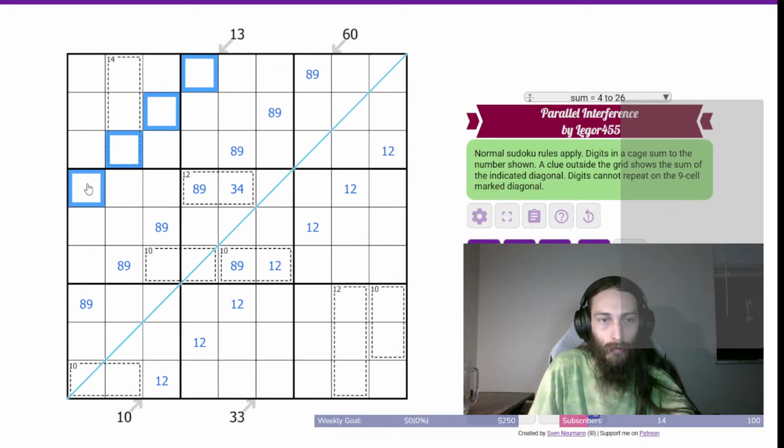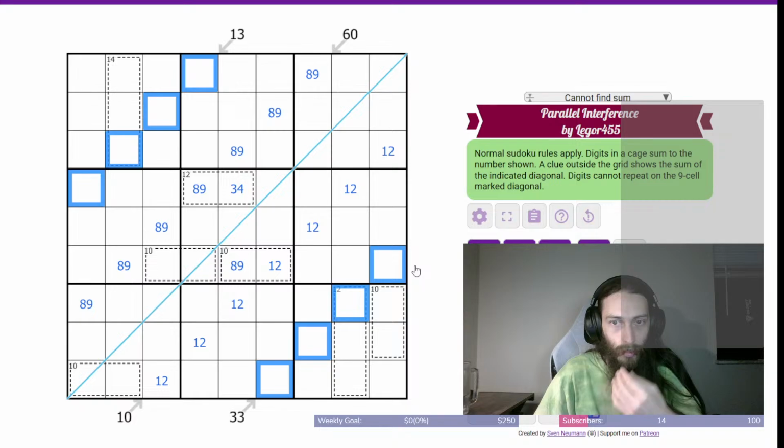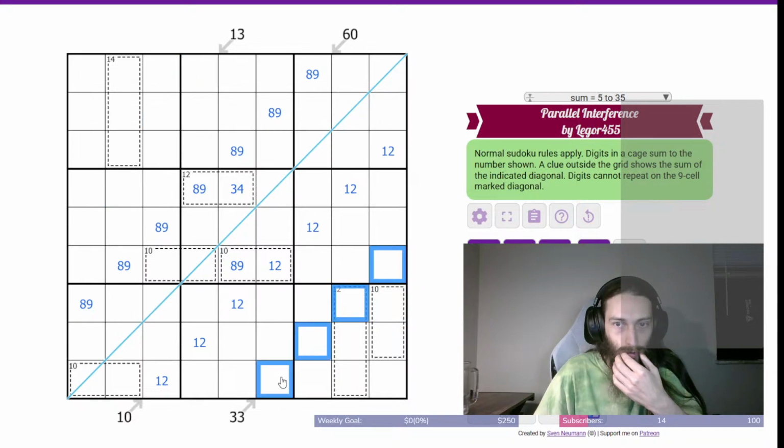I was trying to think of whether or not the 13 or the 33 are useful yet, but this 33... 17 and 17 is 34. Yeah.